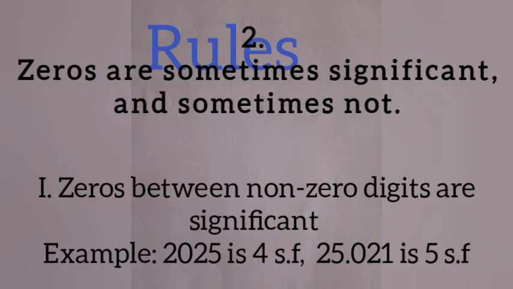This is four significant figures because the zero there is between non-zero digits, hence the zero is significant. Now another example, 25.021 has five significant figures because the zero here is also between non-zero digits, hence it is significant.